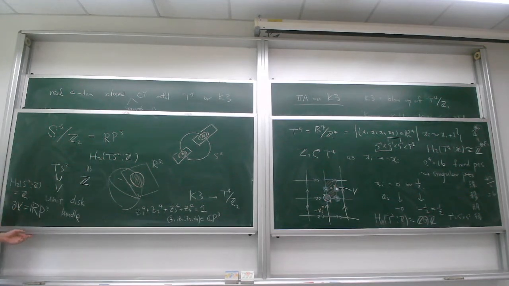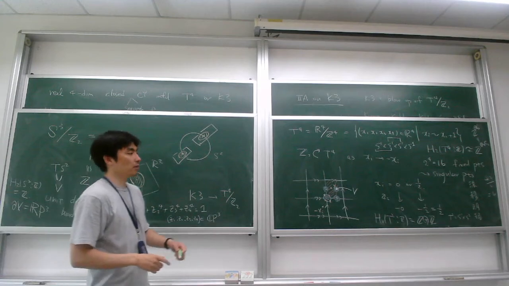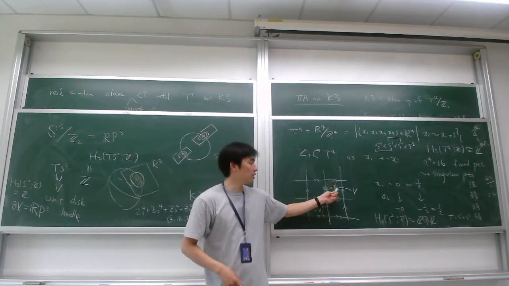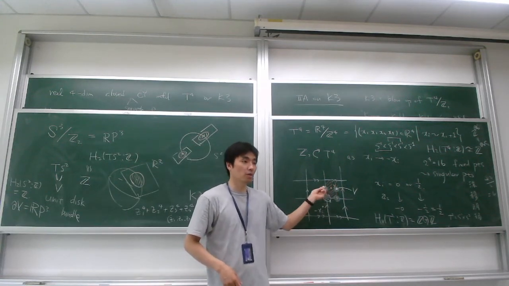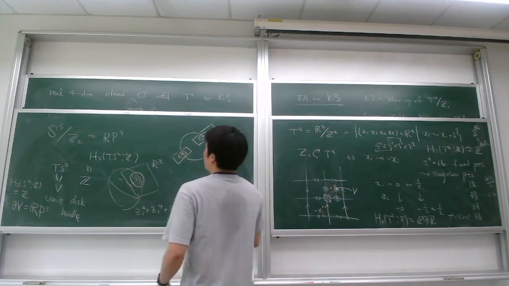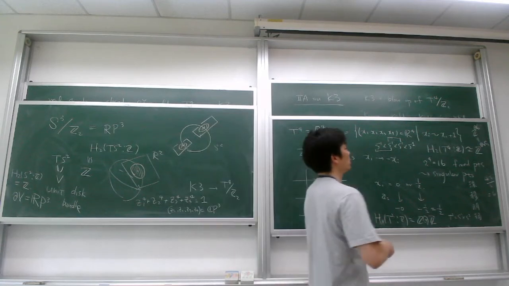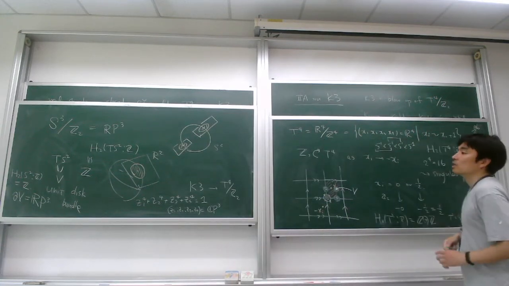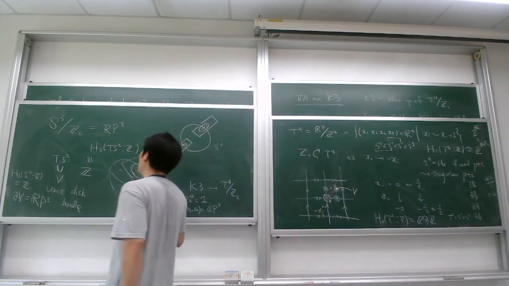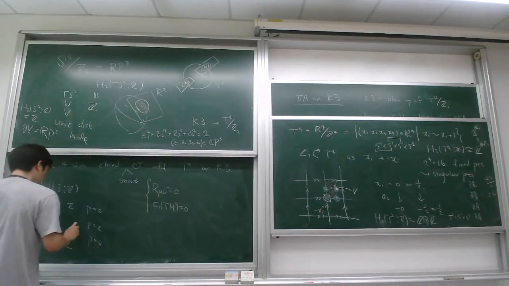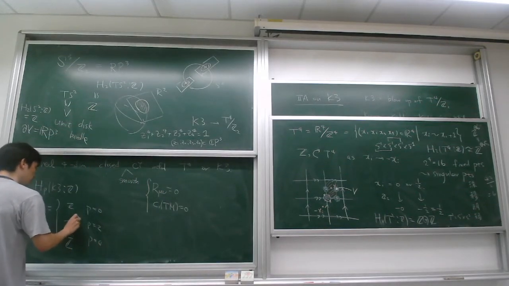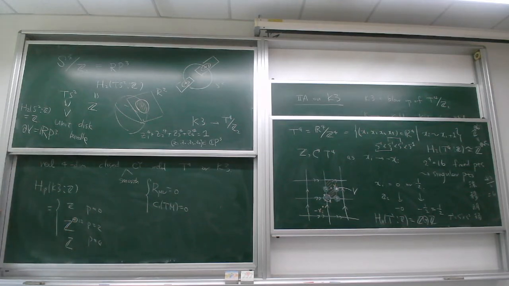And you have 16 copies of them, one inside each blue circle. Therefore, you have 16 copies of S2 in addition to the 6 two-tori. So you have 16 plus 6. This is Z^22, which is 16 plus 6.